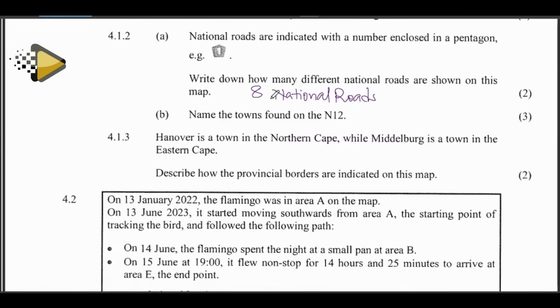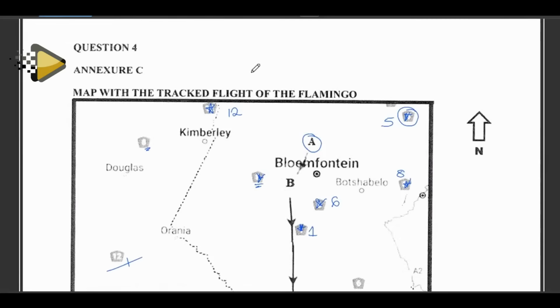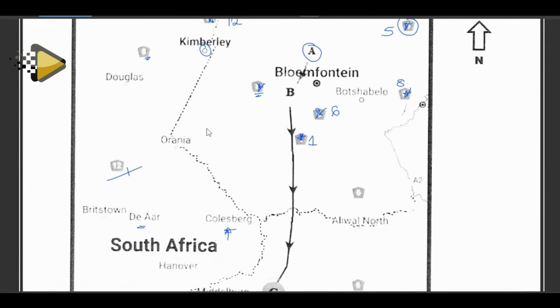Name the towns found on N12. Take note of that, N12. N12 was passing by here, the borders here. We have Kimberley, and when you come down, you have this town here. It was on N12. Daha is on N10.